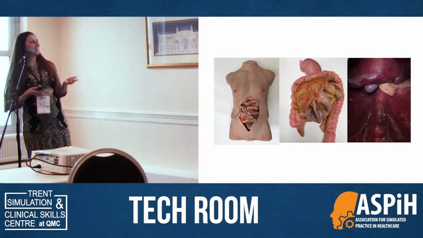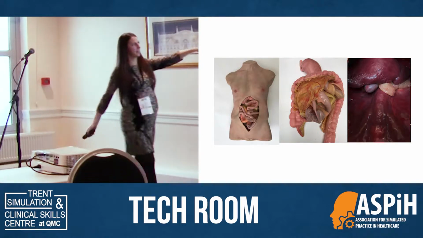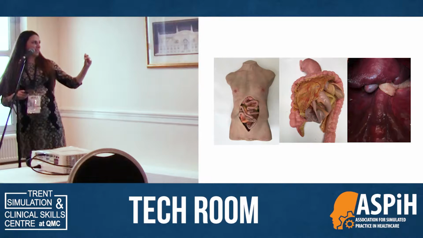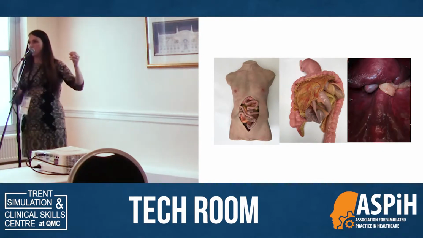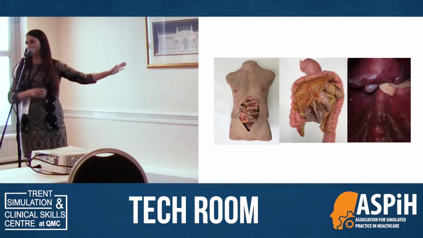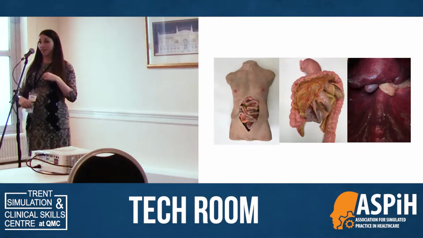So this model, there's a blood pump that goes just in here, and a small bit of tubing, which is where the bleed occurs. There's also skin that goes over the top. They start the operation, the patient's draped up, they can go in and cut through, it's like silicone skin with several layers.